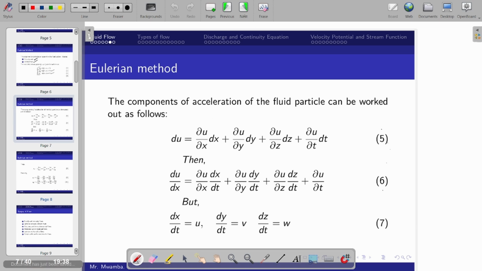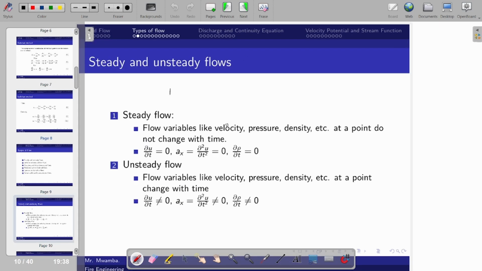So the acceleration with respect to the change in time is equal to 0. The flow variables do not depend on time. All the changes with respect to time will be equal to 0, because the flow does not depend on time, even this one, for a steady flow.